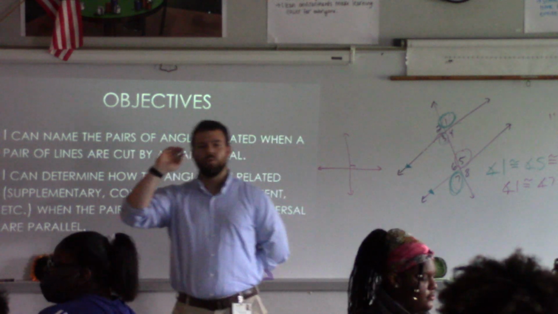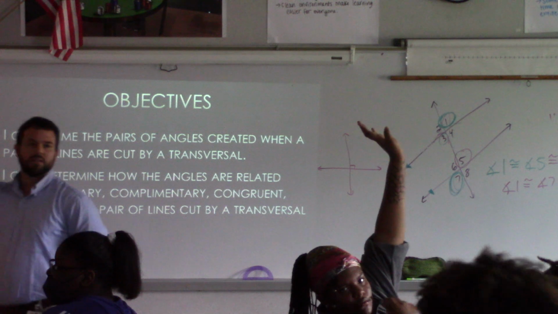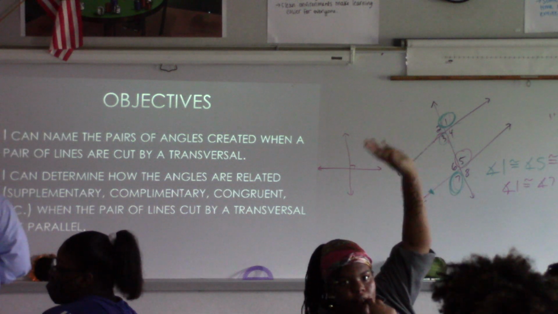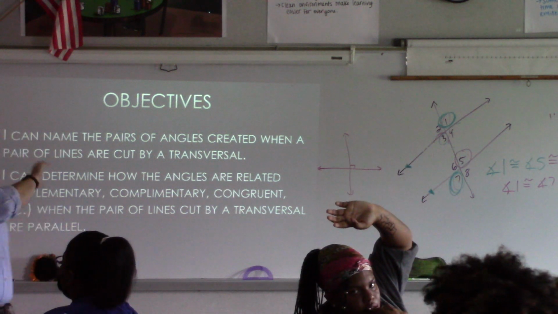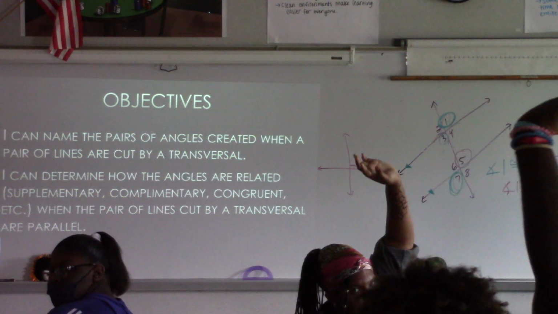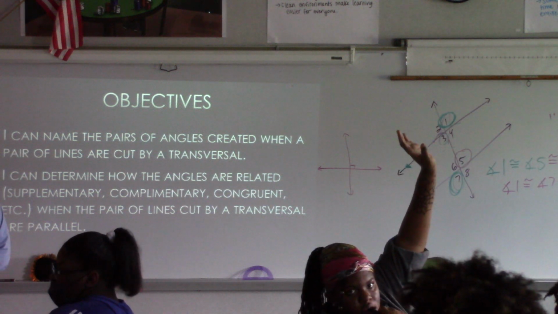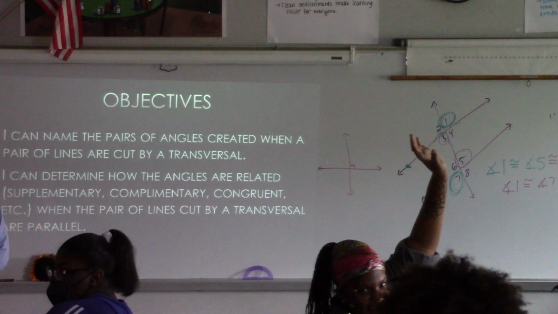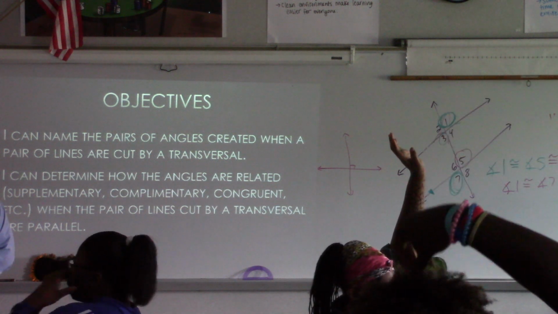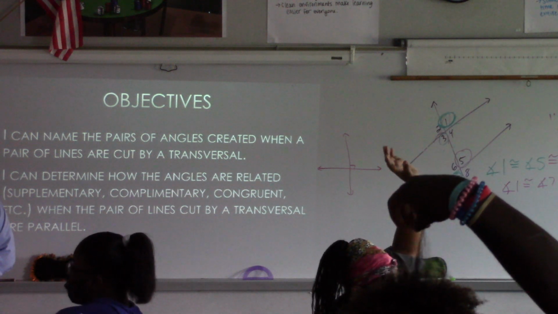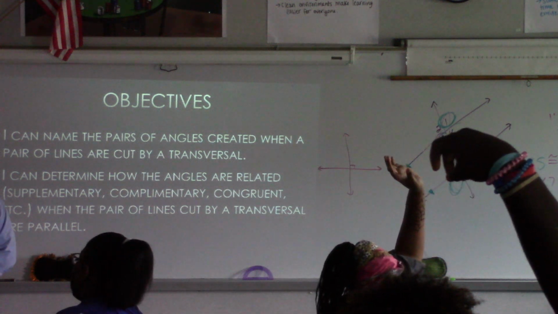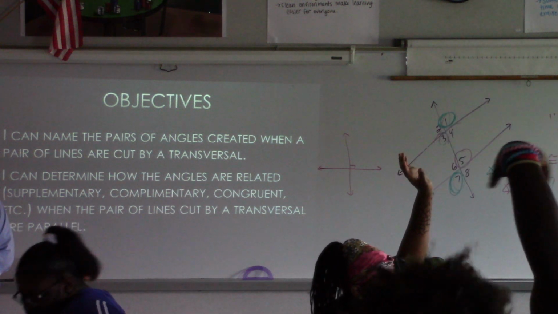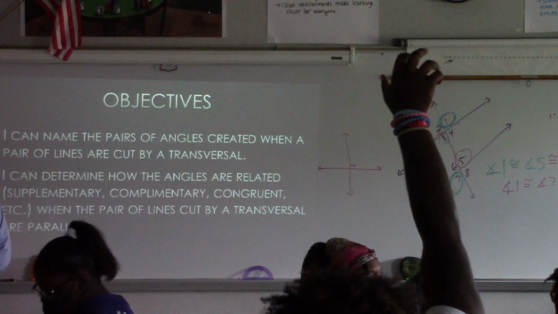Alright, raise your hands if you want those pairs of angles on there. Raise your hand if you want those angle names and angle relations on the test. What's that gonna do us? Is that gonna benefit us? I mean, I feel like y'all are doing well with it, so anything that you're doing well with should be on the test, I would think. Alright.